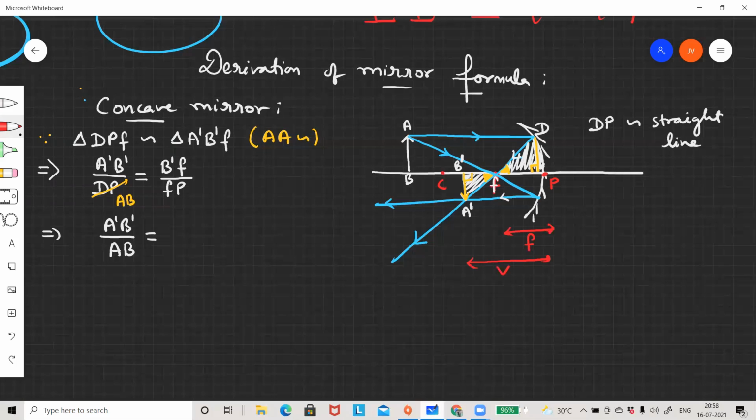And what else do we want? That's all we want. Okay, so what is B prime F? B prime F is B prime P minus FP. All right, so B prime P is v, FP is the focal length f, and just leave it, call this equation 1.